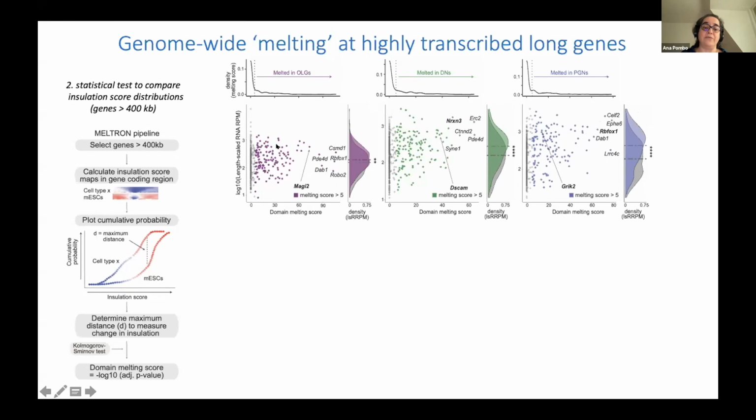In contrast, in the oligodendroglia, the melting is also very clearly occurring. We have high melting scores, and there's only a slight correlation with the higher expression. At this moment, we don't know if this is because of these two being neurons and here we have oligodendroglia, something to do with their cell type, or actually something to do with the time from which the cells last divided.